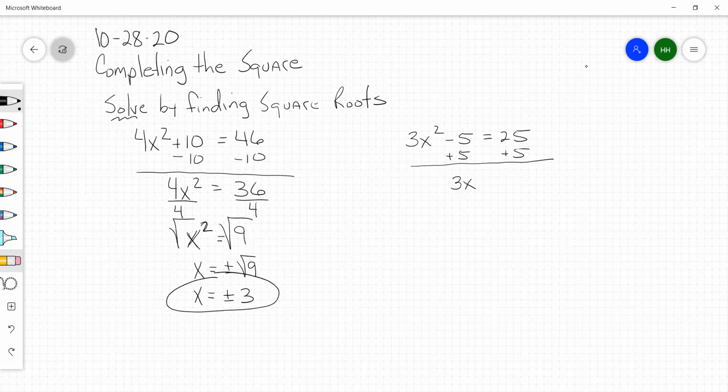So 3x squared equals 30. And then if you divide both sides by 3, then your x squared is equal to 10. And if you find the square root of each side, then your x is equal to the positive or negative square root of 10. And those are your two solutions.